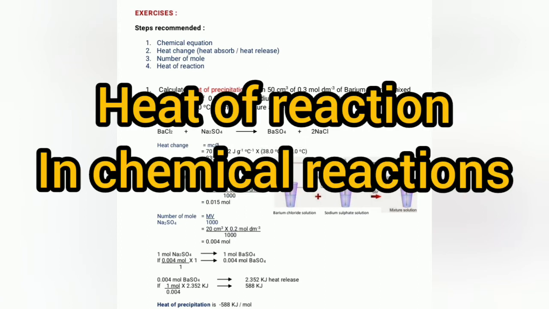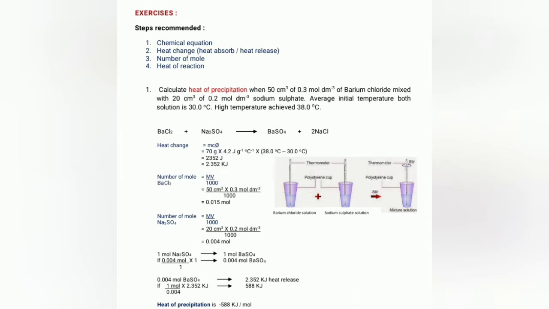Heat of reaction is the heat change when the number of moles of reactants as shown in the chemical equation reacts in standard conditions to form products in standard conditions.